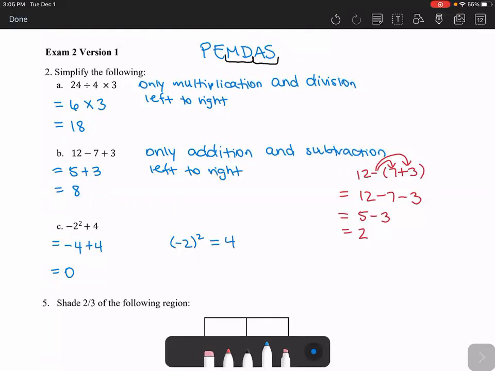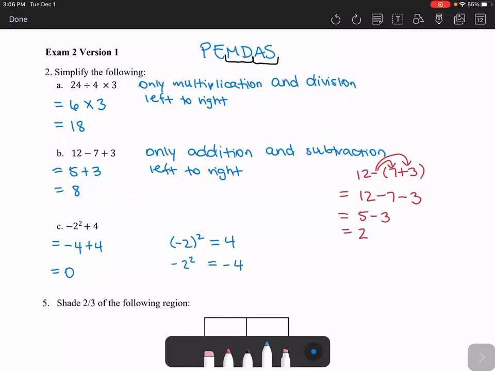But if we're just looking at the opposite, right? If we're looking at negative 2 squared, we're just taking the opposite. Remember when we talked, chapter 8, 7, something like that, in the last 3 chapters, we started talking about integers and their opposites. So this is just saying we're taking the opposite of 2 squared, which 2 squared is 4. We're taking the opposite, so that's negative 4.